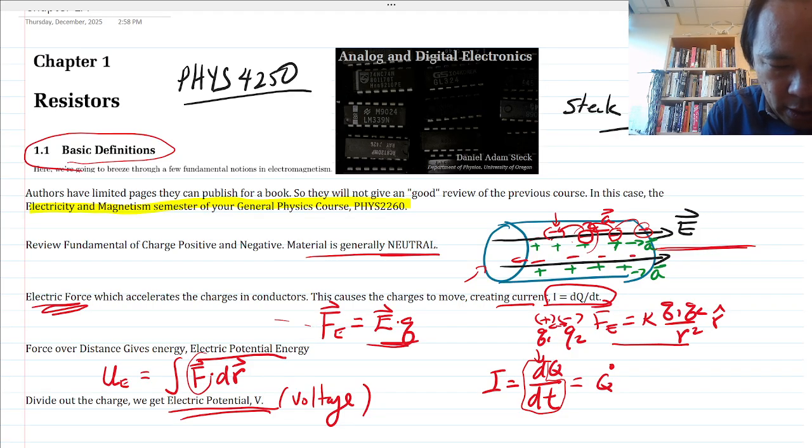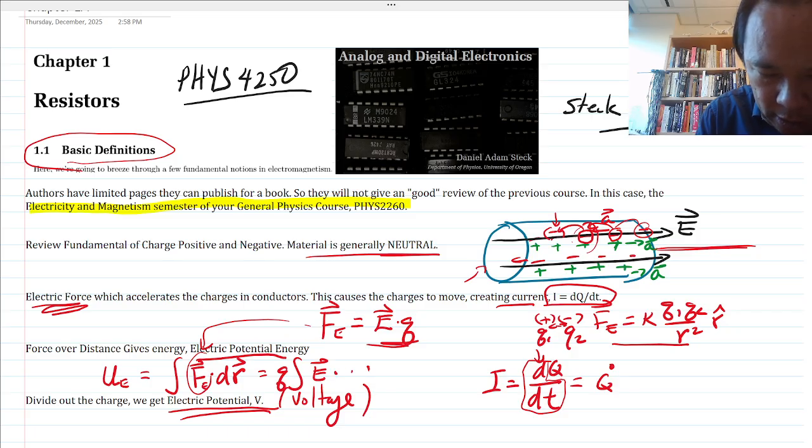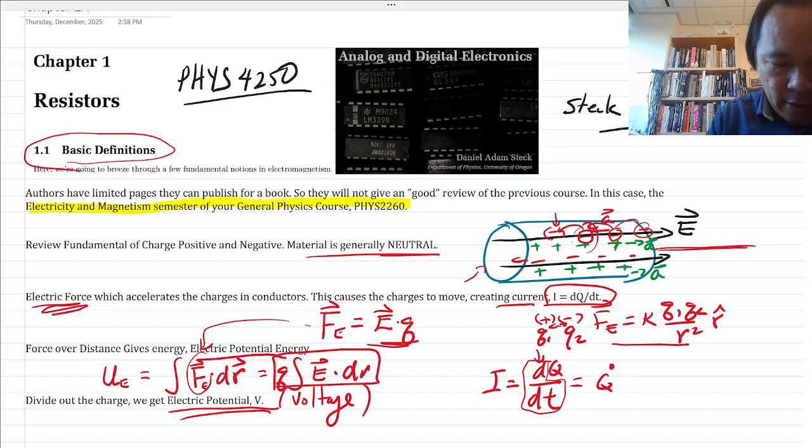In this case the electric force is Q times E. I'm going to factor out the Q because it's not going to have a path dependence, dot dr. That's what the electric potential energy is.